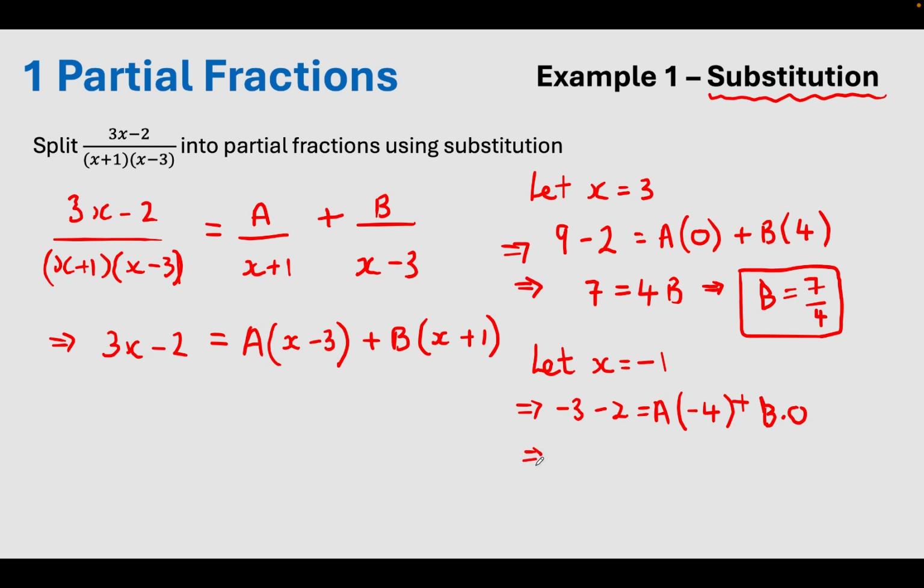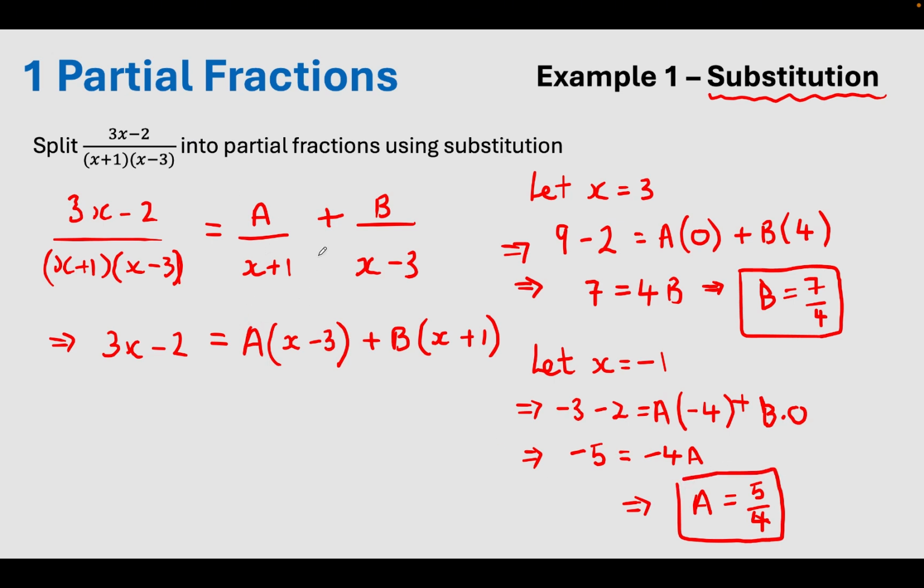So from that I get minus 5 equals minus 4a, and therefore a equals 5 over 4. Put a box around that as well.